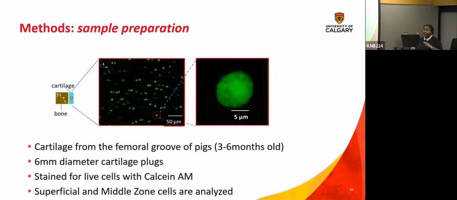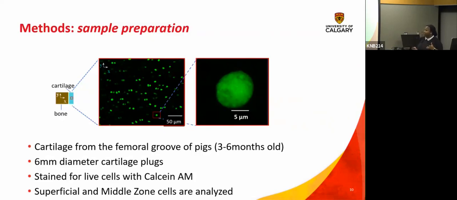The reason we chose this configuration is so we can turn it on its side and move across the cross-section of the cartilage and have access to all the zones, as compared to having it sitting in the regular configuration and zooming in from the top, with the limitation of not being able to go all the way to the bottom. So that was the configuration.